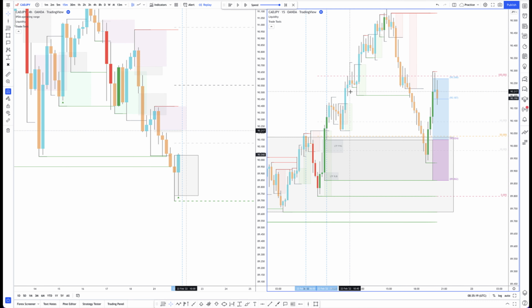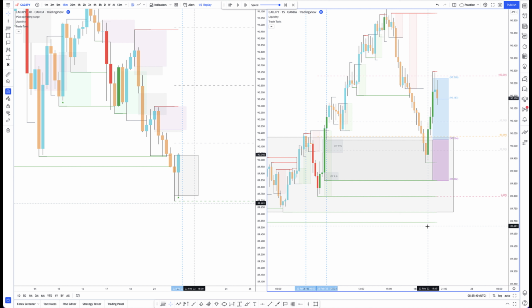Well, in real life, it's a bit tricky one because when this setup shows up here, it's 22nd Feb 8:15 UTC, and this would be 22nd Feb 19:15.